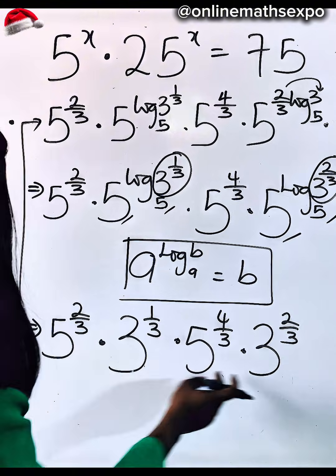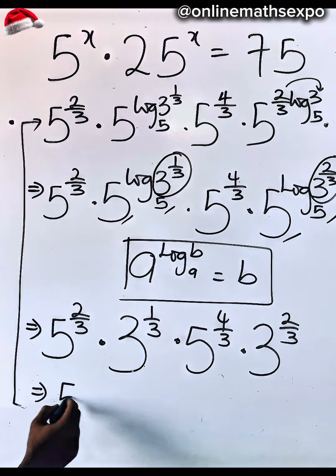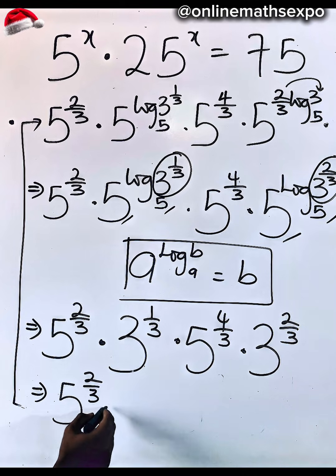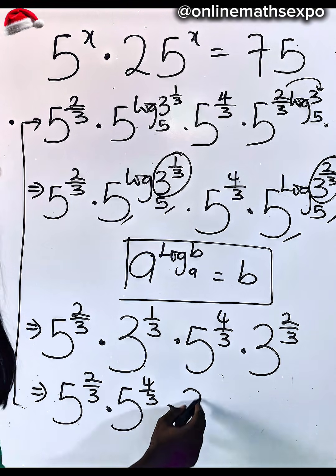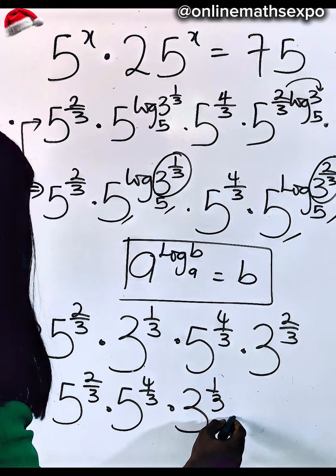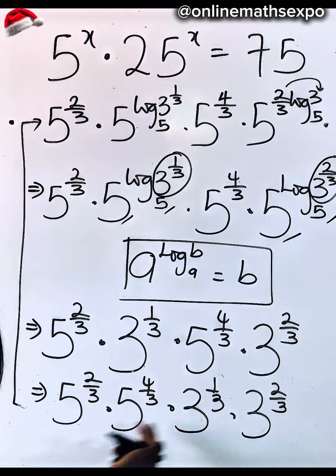We are going to gather these that are of the same bases together. So to do that, we have 5 to the power of 2/3 multiply 5 to the power of 4/3 multiply 3 to the power of 1/3 and 3 to the power of 2/3. Keep simplifying.